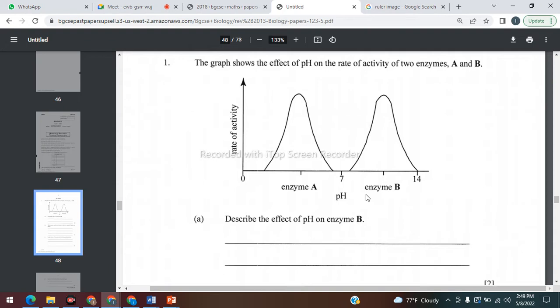I think wouldn't it affect the effect of, like, in general? No, specifically for enzyme B, based on the graph. Okay. The effect of pH, if it's over a certain level, wouldn't it be like, how to describe it? You know how the pH affects the way it forms? I don't know. Okay, that's no problem.